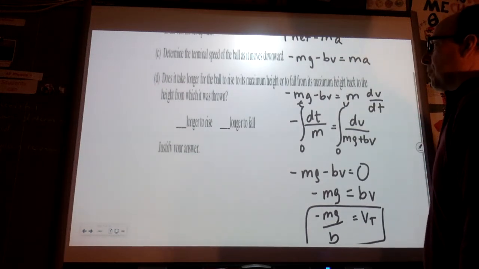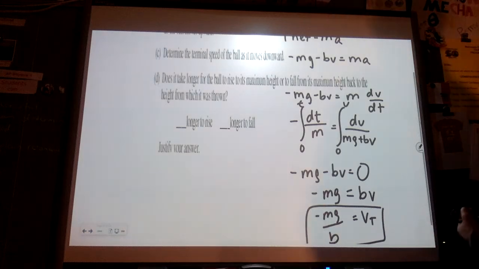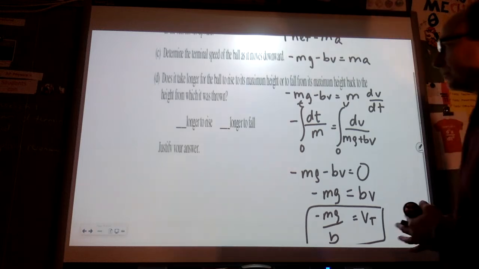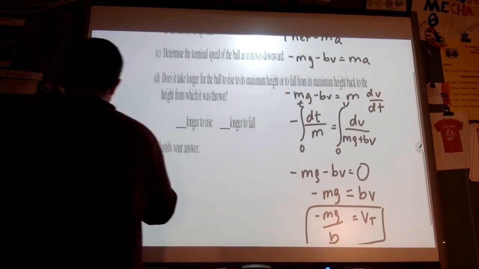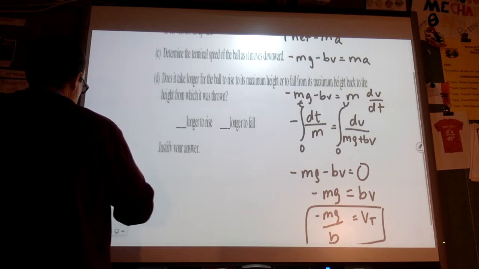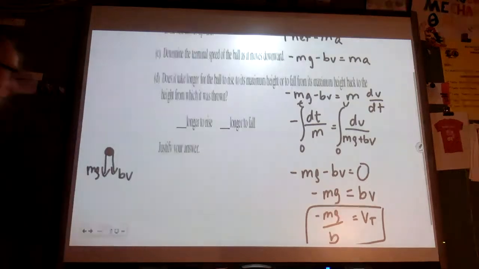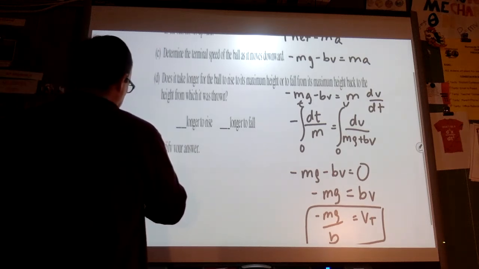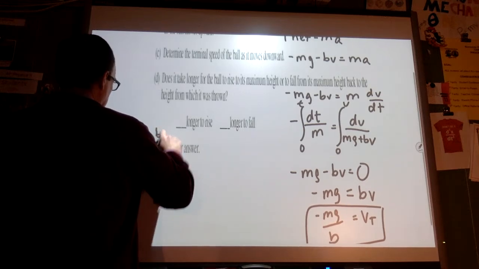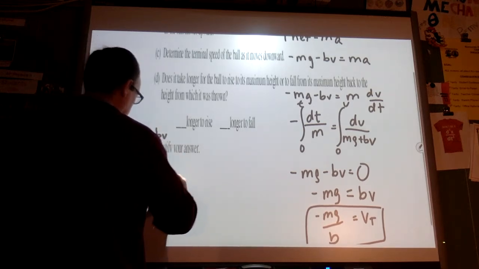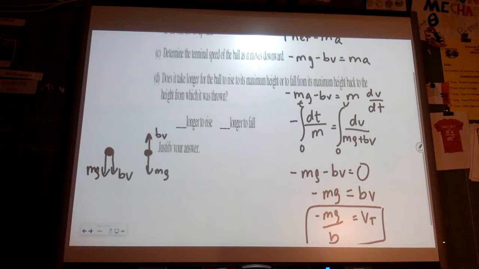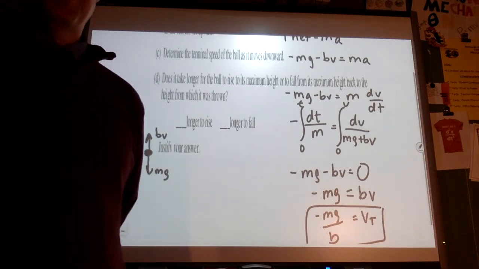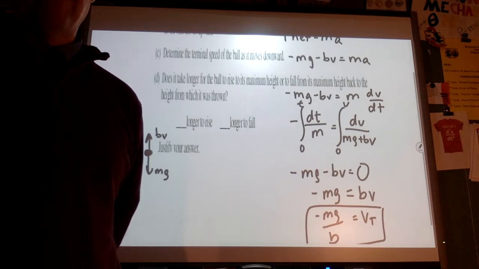Does it take longer for the ball to rise to its maximum height or fall from its maximum height back to the height from which it was thrown? So on the way up, this is our free body diagram. On the way down, this is our free body diagram.